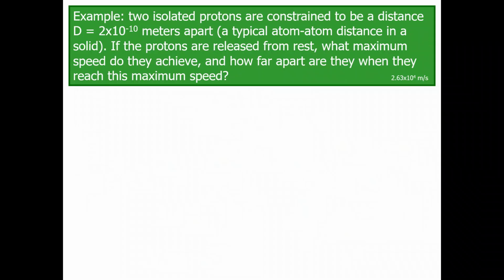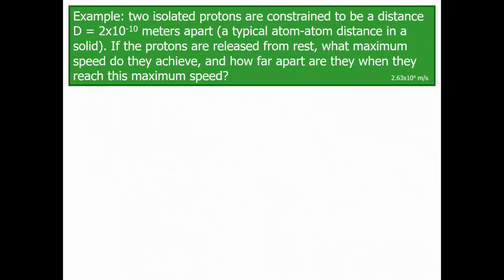All right, now this example is a little more complicated because we're not just using a single equation for potential energy, because we're actually looking at the protons that are released from rest, and we want to know what maximum speed they can reach.